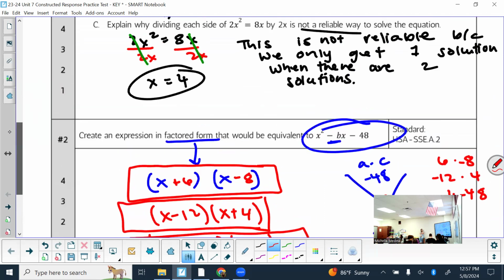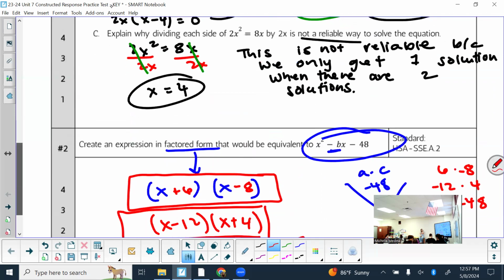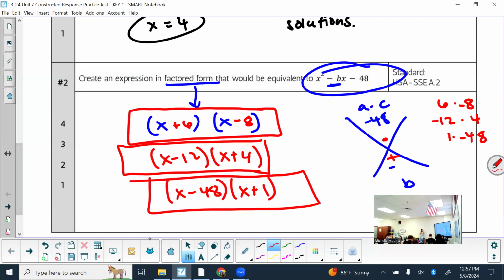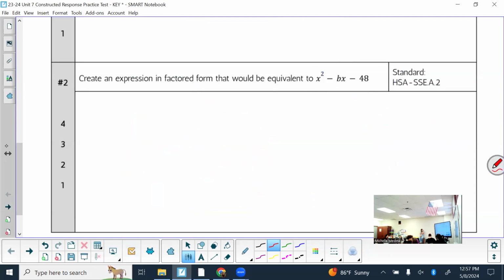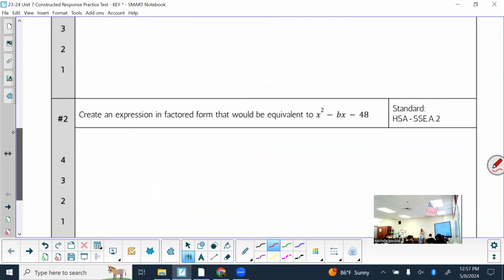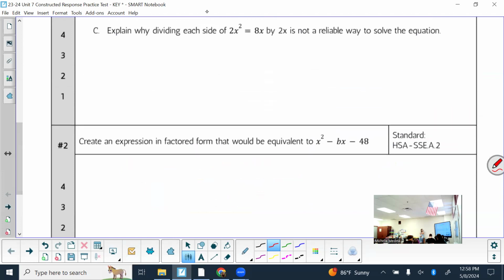Okay. So 1C, each part of number 1 can be looked at separately, so I don't think I need to go through A and B if no one has questions on A and B.